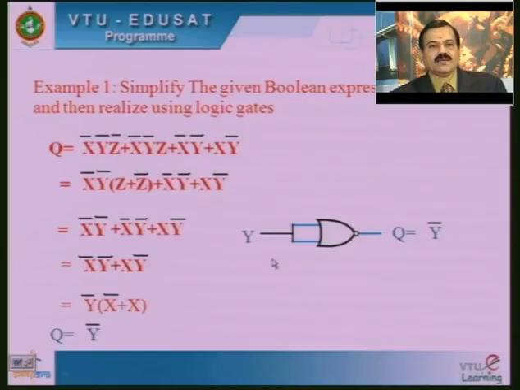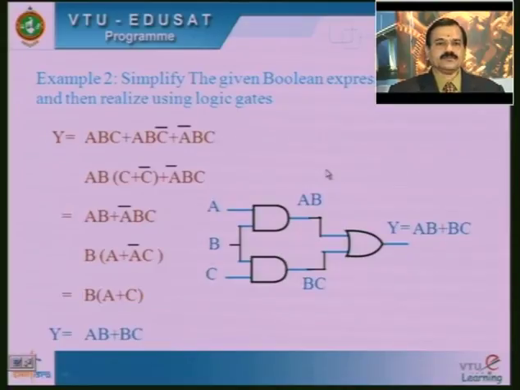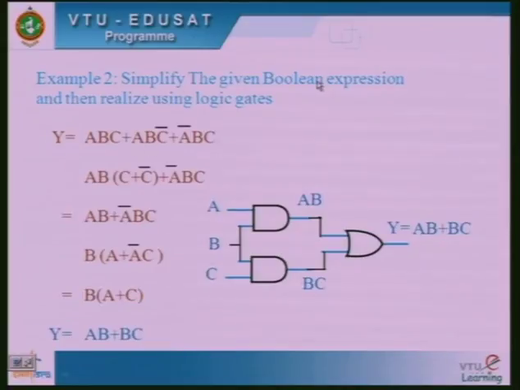That y bar can be implemented very simply using a NOR operation. Two inputs of the NOR gate are shorted and y is given here. So y plus y is y, and its NOT value is y bar. A NOT gate can also be used here for complementing the value of y.